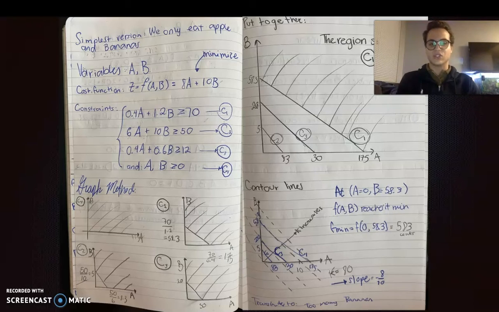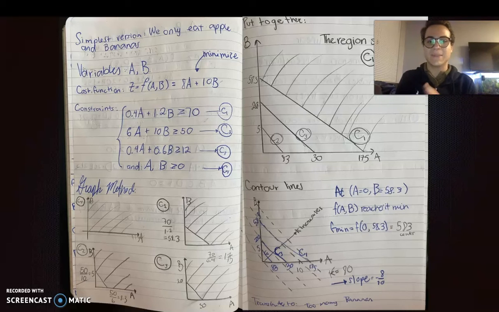As we see in the last part of solving the problem, K continues to increase, and where A, which is apples, is 0, the cost will be 583 cents, which is $5.83, for 0 bananas.